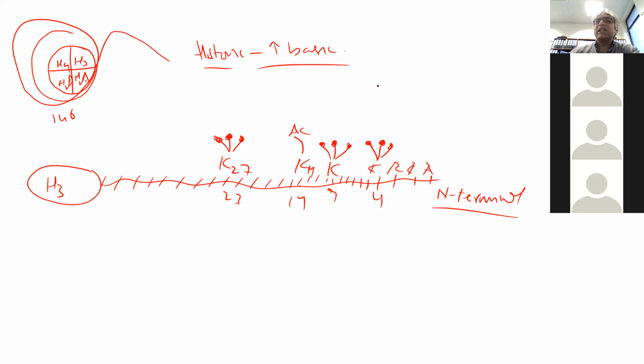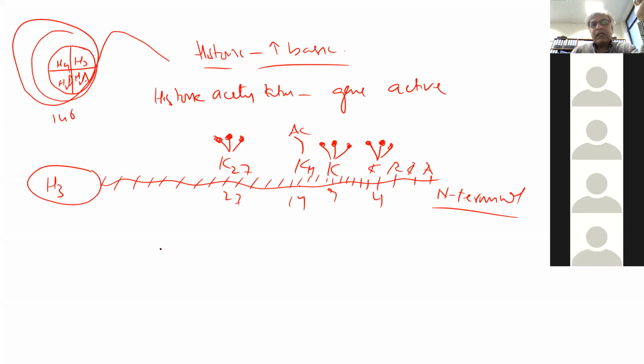Different modifications are there. For example, if histone acetylation is there, it correlates with active genes. Genes are being transcribed. But if we have lysine methylation, K is lysine, it's sequence or context dependent.